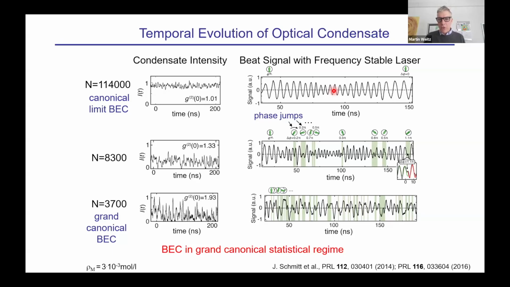But if you're in the grand canonical regime, the long-range coherence reduces due to these frequent intensity jumps. So basically, it has a tunable first and second order coherence.